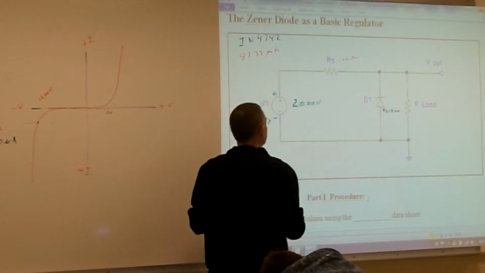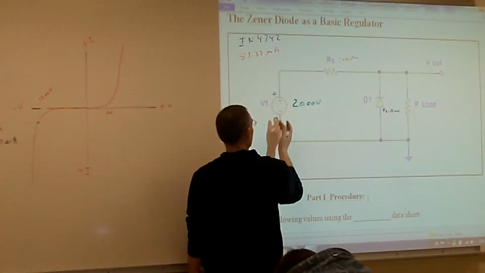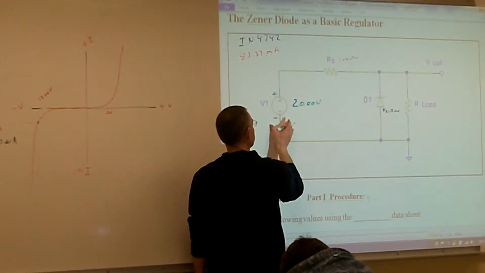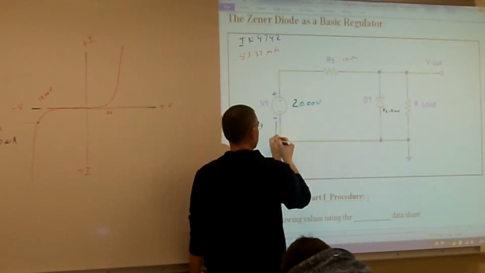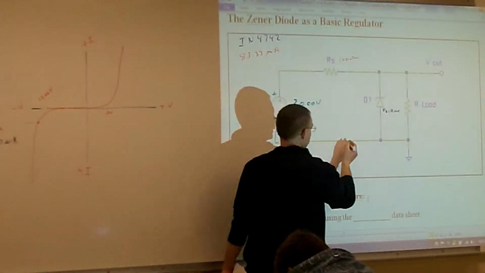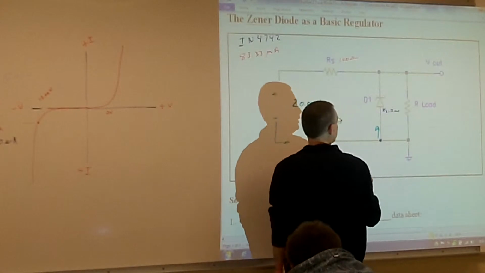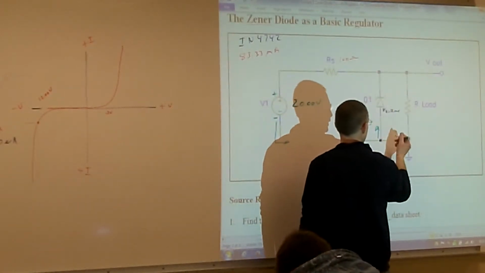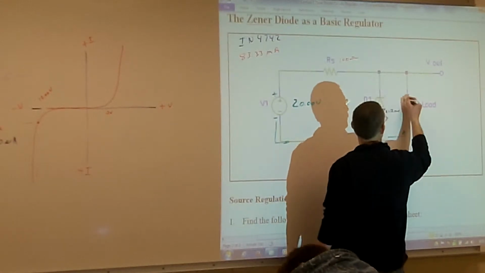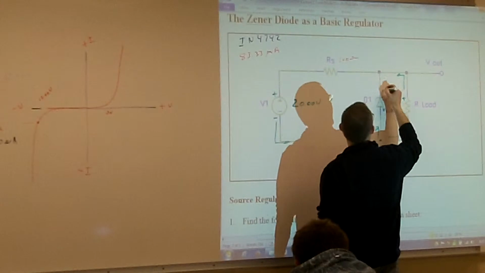We have our polarity. So if we do our current paths and polarities, ideally my current is going to be coming down out of here, coming through here, and it's going to hit this first current node. The current is going to go up this way, through the Zener or the load.